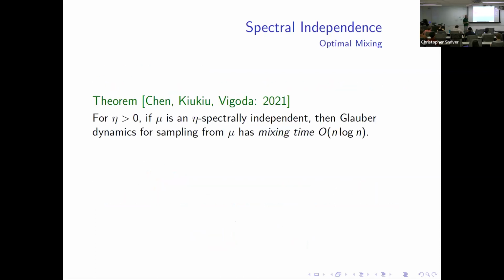But perhaps the state of the art is this theorem, which says that if mu is eta-spectrally independent for some fixed number eta, then Glauber dynamics exhibits mixing time big O of n log n. So this has improved to asymptotically optimal.